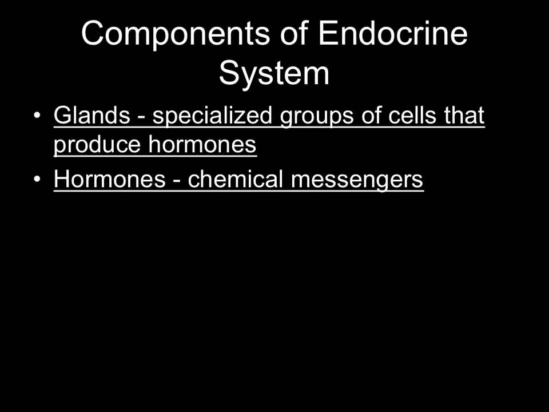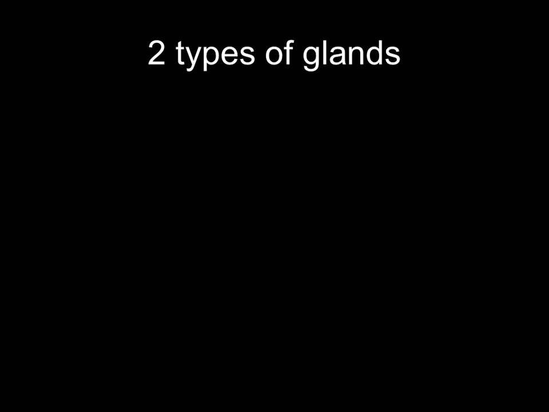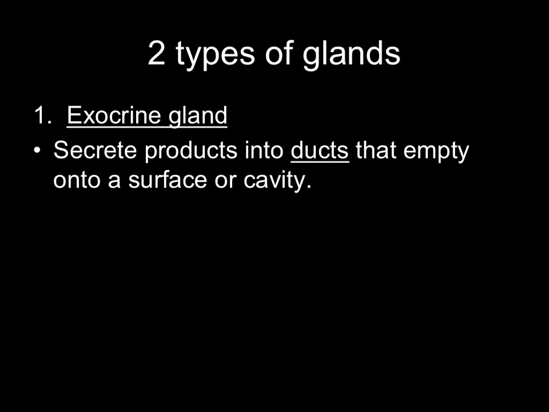Now, if we think back to our first unit, we actually had two different types of glands that we discussed. So which glands exactly are we talking about? So let's review. The first type of gland that we have are the exocrine glands. And what makes them unique or different is that they secrete products into ducts that empty onto a surface or a cavity.